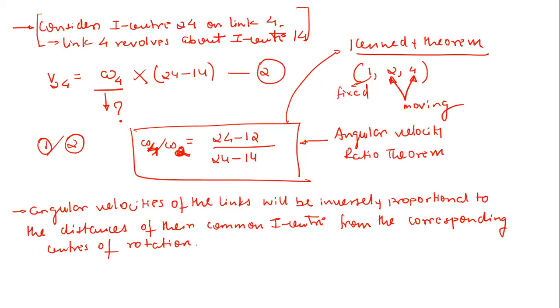So the fundamental is only this: in such cases, first locate the common I center, and then imagine that I center at one time on a particular link, and at another time on the other link, right? Then just calculate the linear velocity and find out the ratio. You will come to know when we solve some numerical problems, right? But just remember the fundamental.